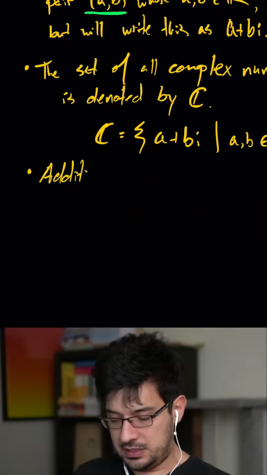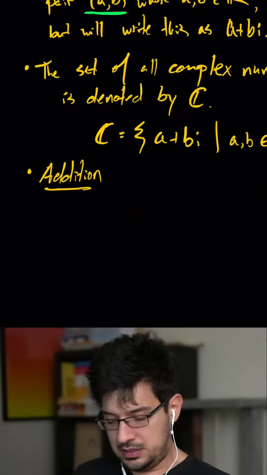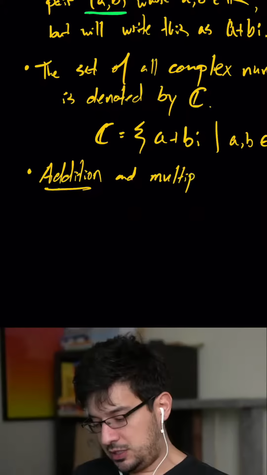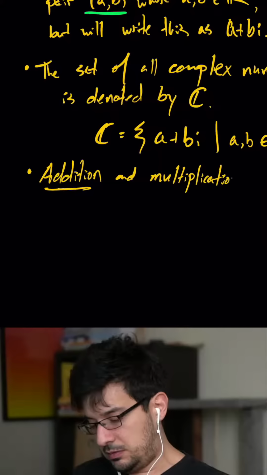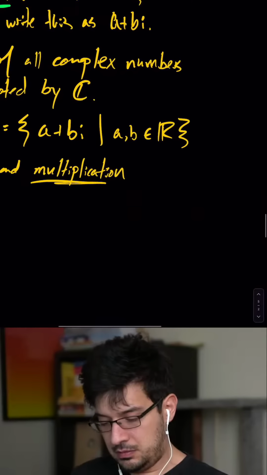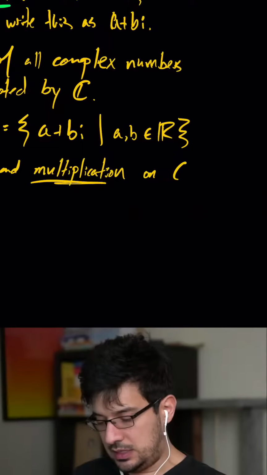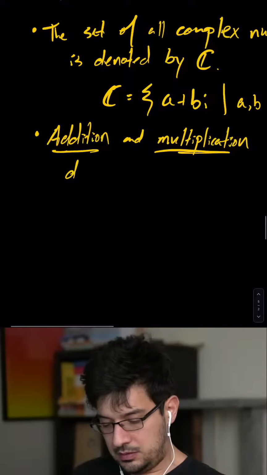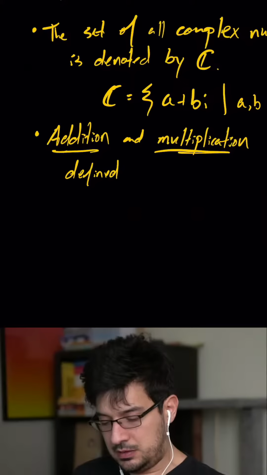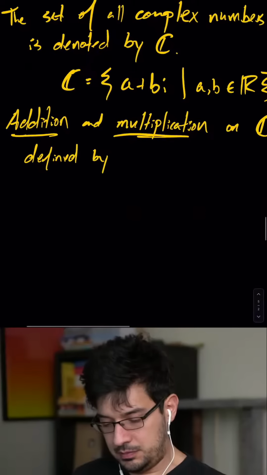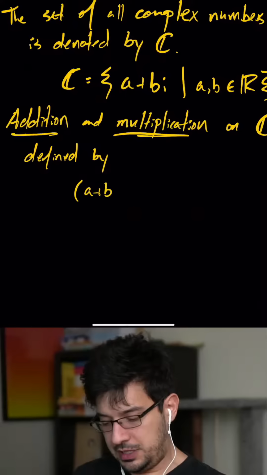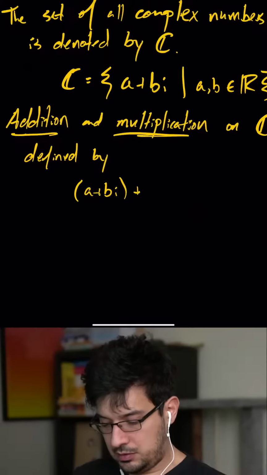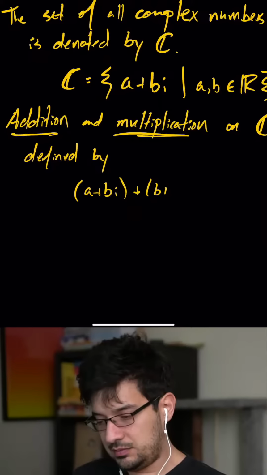And now we have addition and multiplication on C defined by (a + bi) + (c + di).